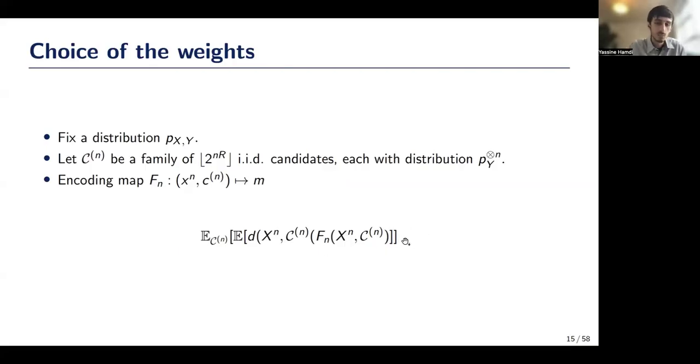While computing this expectation, it will depend on R. And based on the value that you find, you will be able to know which value of R is going to be suitable to get an expectation less than D, and which value of R is not going to be suitable, and you can find the smallest value of R, which is our goal. This all comes from the computation of the expectation, which will give a result that depends on R.